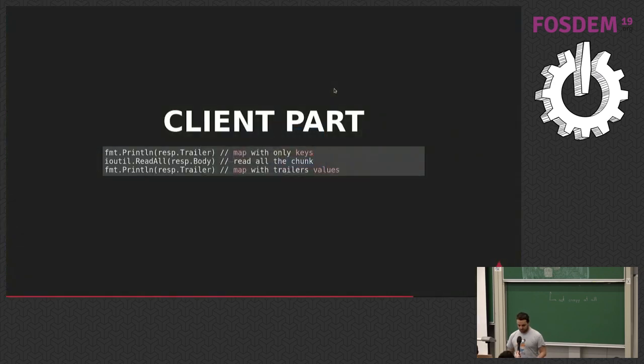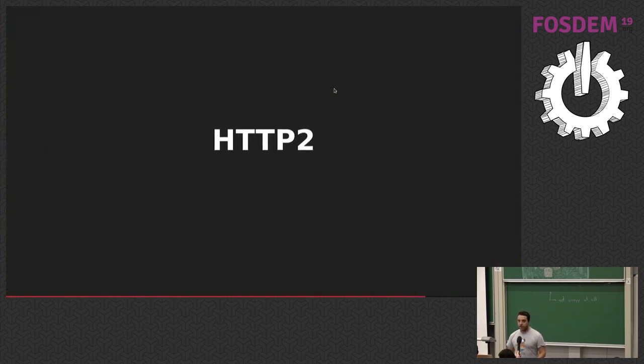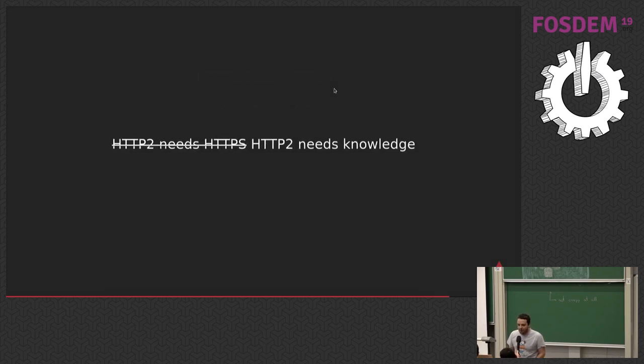Next thing, HTTP2. You're a Go developer, you know that HTTP2 needs HTTPS. No, it's wrong. In fact, HTTP2 needs knowledge. What does it mean? It means that if you know that your server can do HTTP2, you can do HTTP2. For example, a gRPC server is just HTTP2 and the client is HTTP2. You don't need HTTPS.